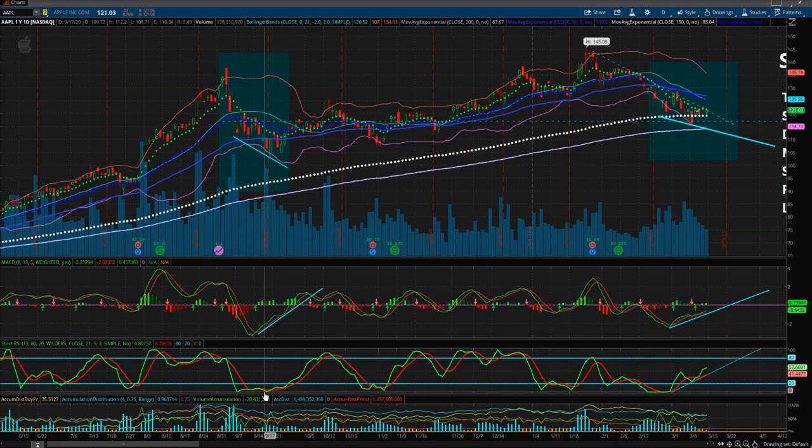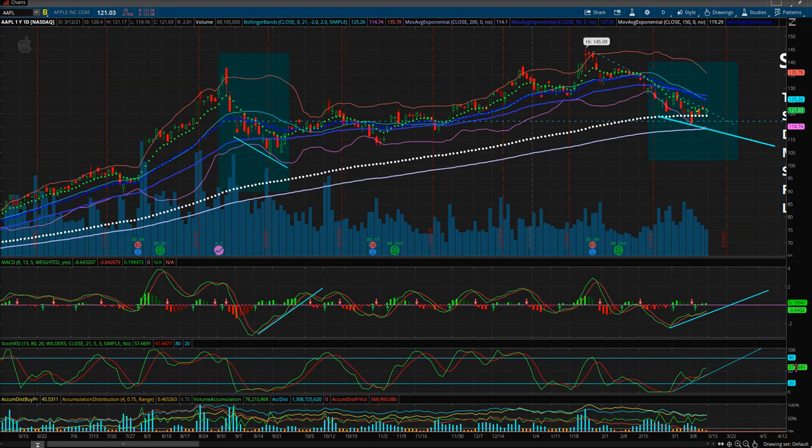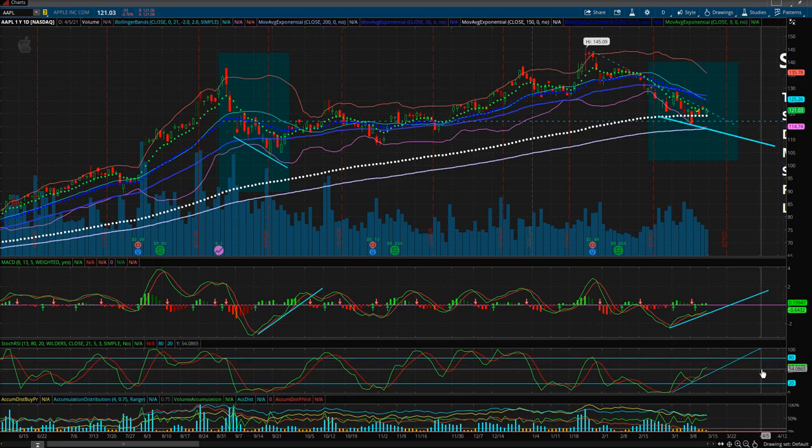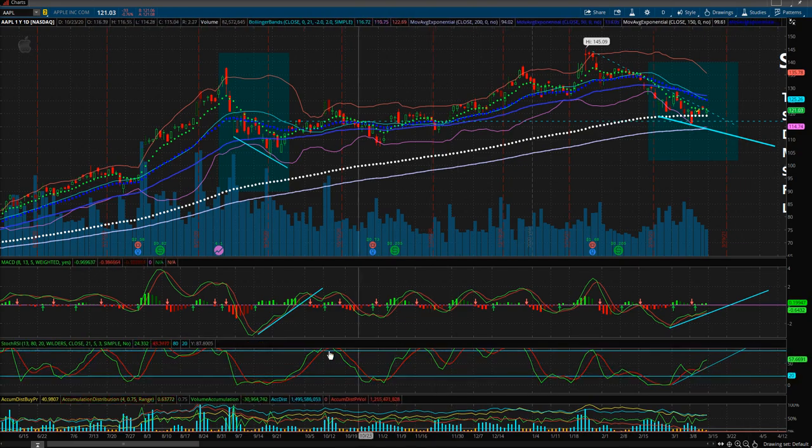And this one doesn't really matter as much because I've already got one. As long as I have divergence, it doesn't really matter if I have it on both, but it's there.